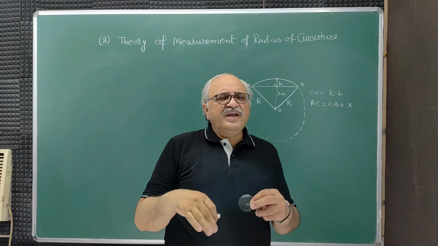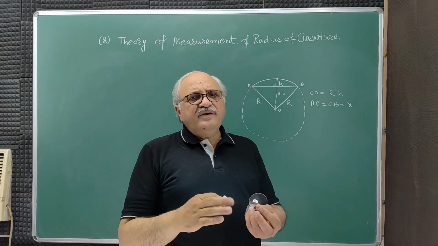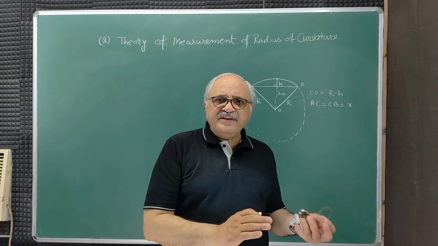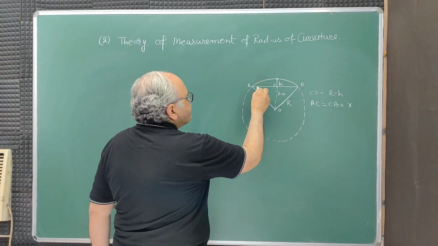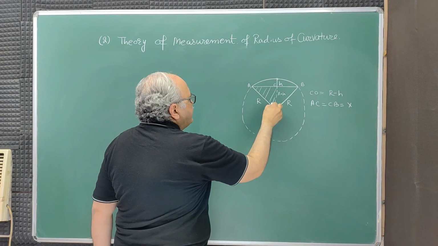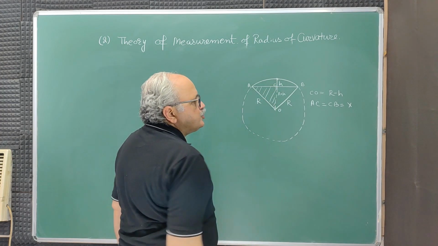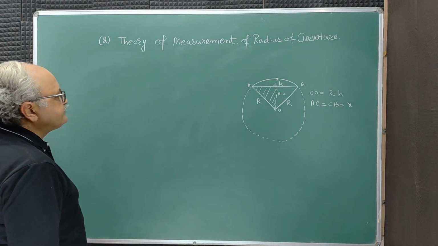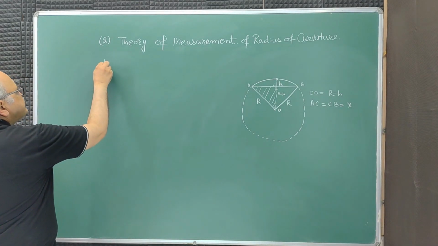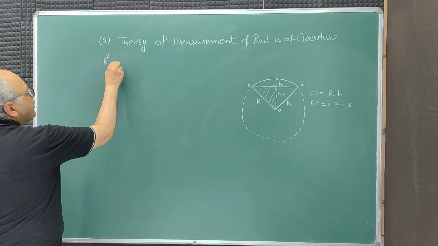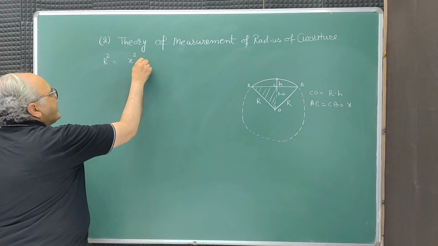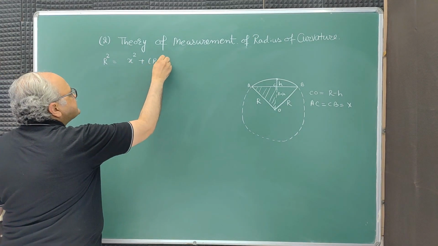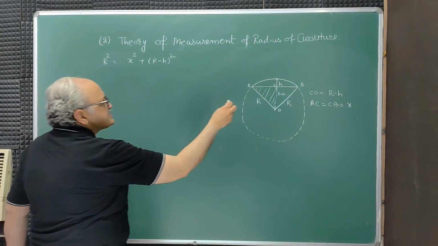This is something which we have taken theoretically and will definitely remove from our final expression later on. So let's take this right triangle and use Pythagoras theorem for it. This gives R squared equals, that is hypotenuse squared equals base squared, x squared, plus (R minus h) whole squared. This distance is x.